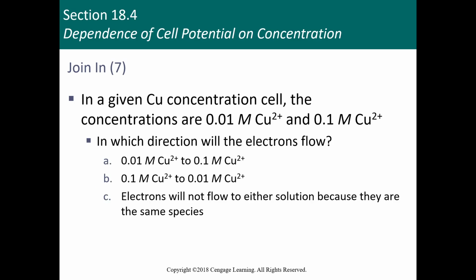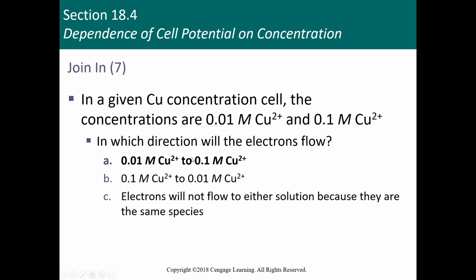So in a given copper concentration cell, the concentrations are 0.01 molarity Cu2+ and 0.1 molarity Cu2+. In which direction will the electrons flow? Well, they're going to flow from the low concentration to the high concentration of the cation.